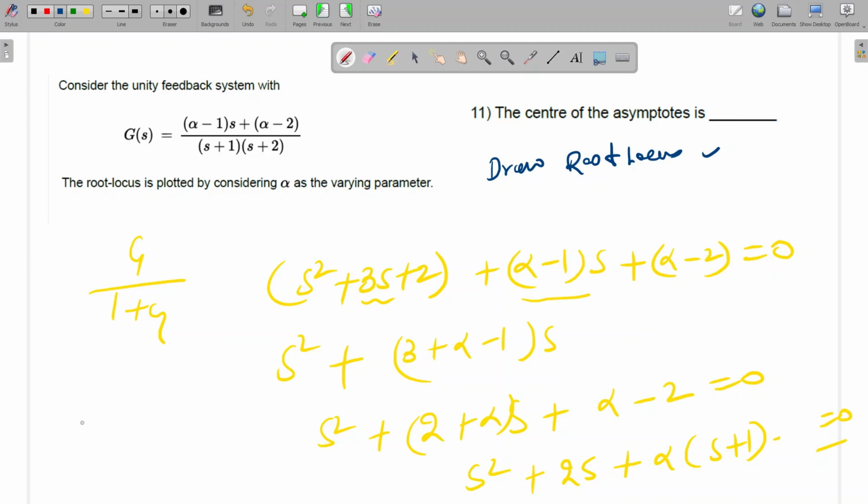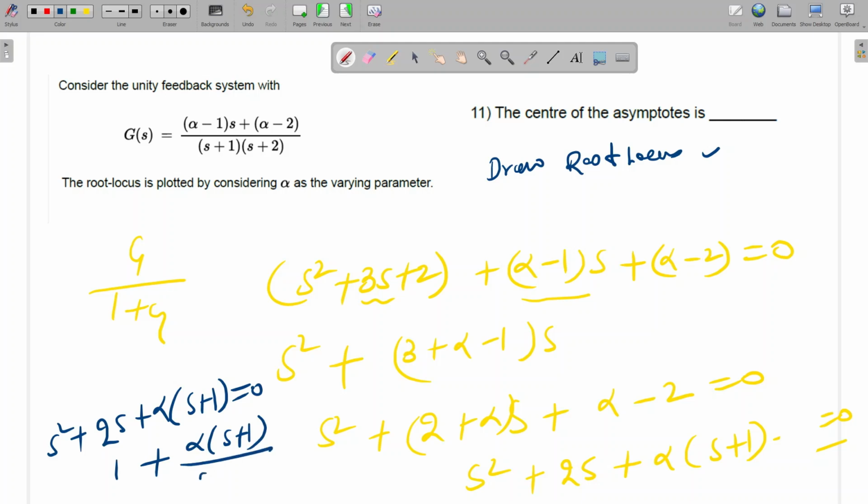We can write s square plus 2s plus alpha into (s plus 1) equal to 0. So we can write 1 plus alpha(s plus 1) divided by (s square plus 2s), correct? Now this will be our G(s), in the form of K into some transfer function: alpha into (s plus 1) divided by (s square plus 2s).